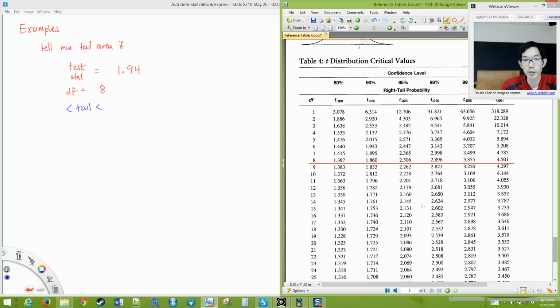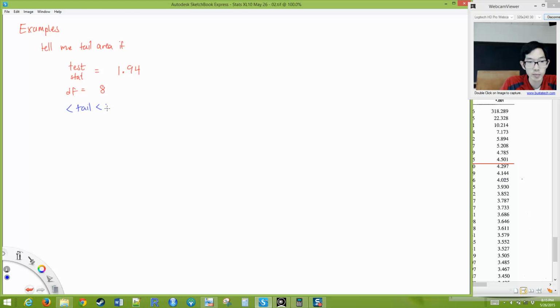I get that my tail is between 0.050 and 0.025. Is that what everybody got? Anybody have issues with that?